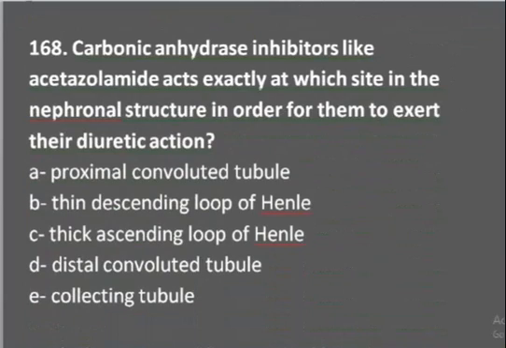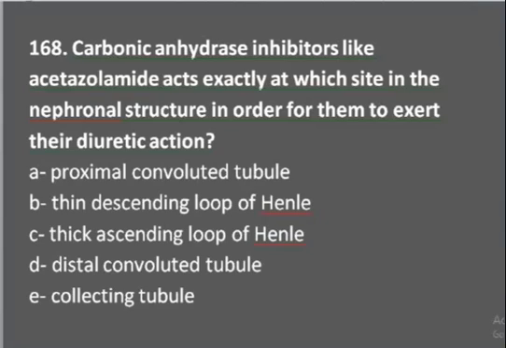Now the eighth MCQ, carbonic anhydrase inhibitors like acetazolamide act exactly at which site in the nephronal structure in order to exert their diuretic action. So again options are there, these are actually parts of the nephron.